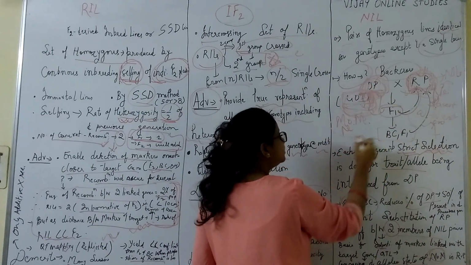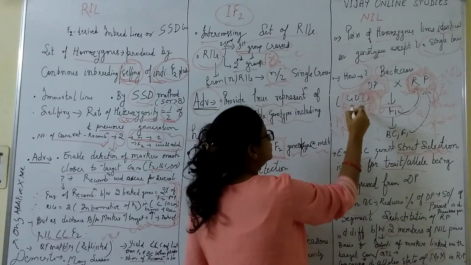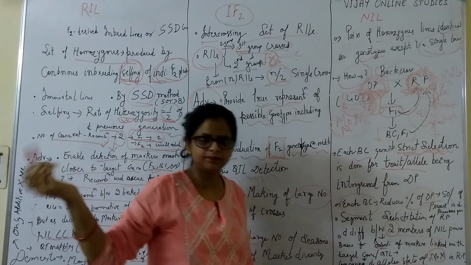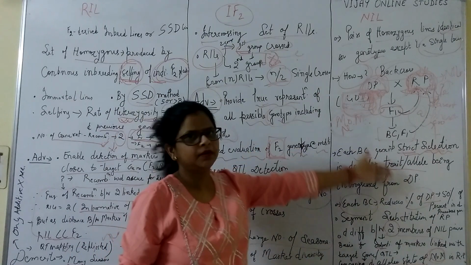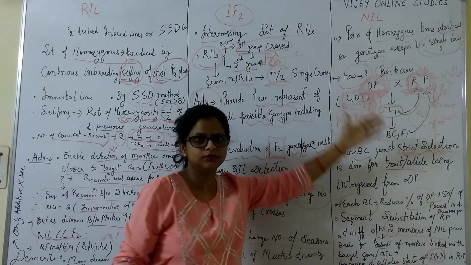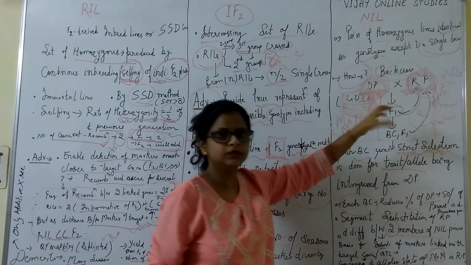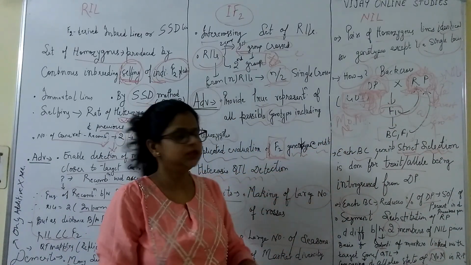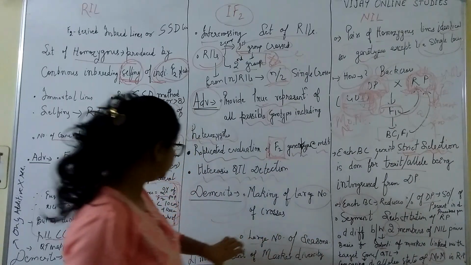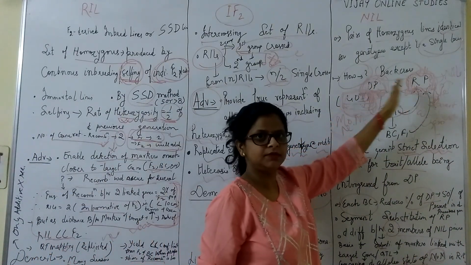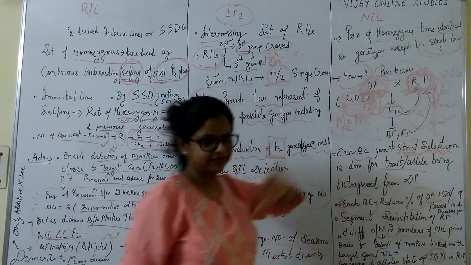So if you don't have that molecular marker, then you can't genotype, and without strictly selecting those lines, you cannot go ahead. So the major thing is that you need a large number of marker diversity between donor parent and recurrent parent.